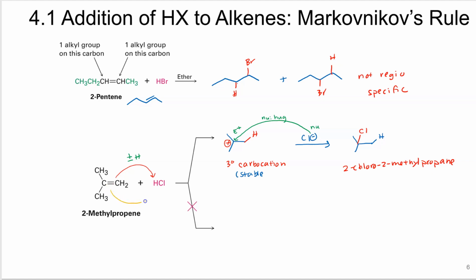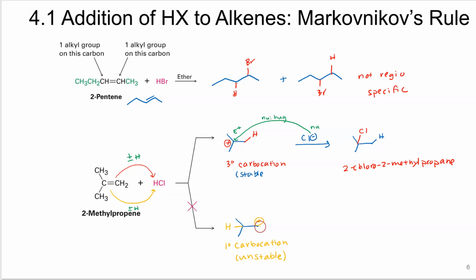So if I do a mechanism here where we get the proton transfer, and let's say our H adds to this here, our carbocation would then be here. So if the electrons loaned itself to making a bond with this hydrogen and it went to this one, this would now be deficient. This is a primary carbocation, which is unstable.